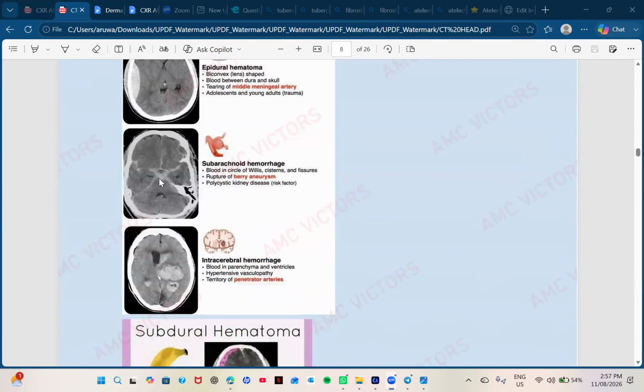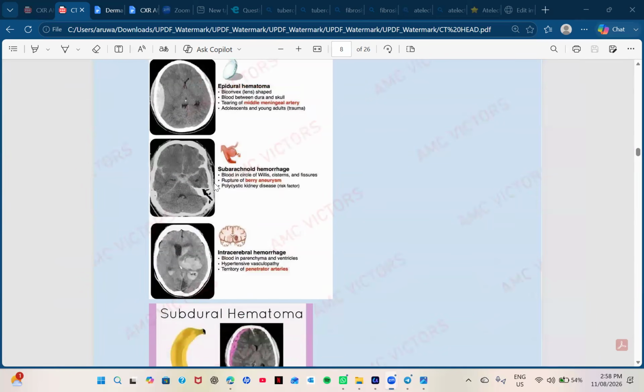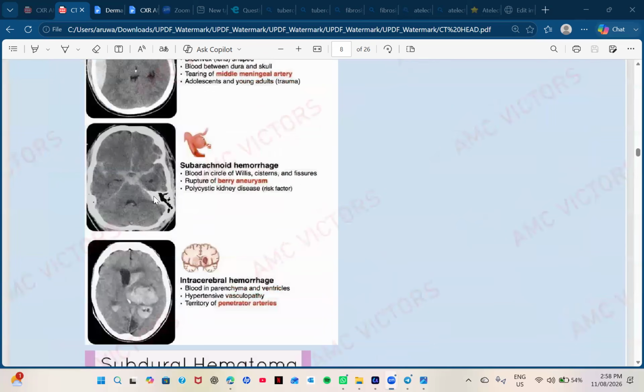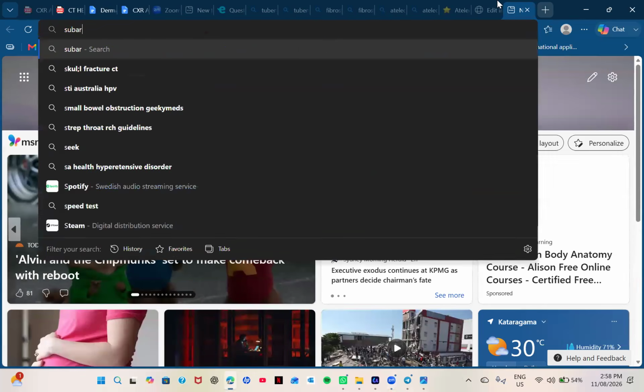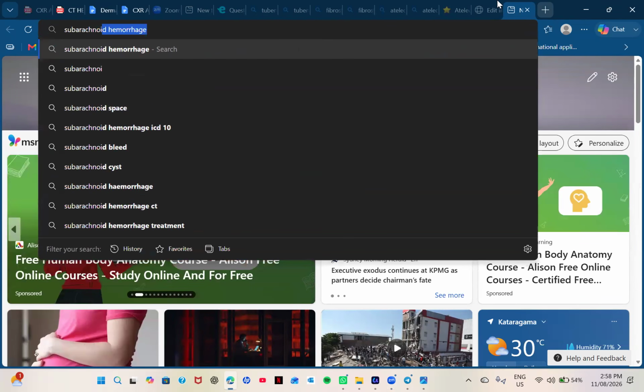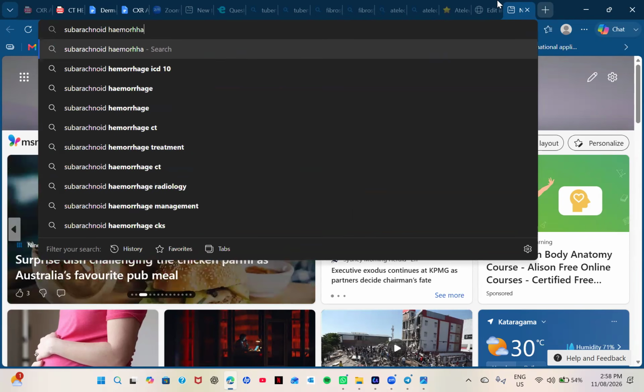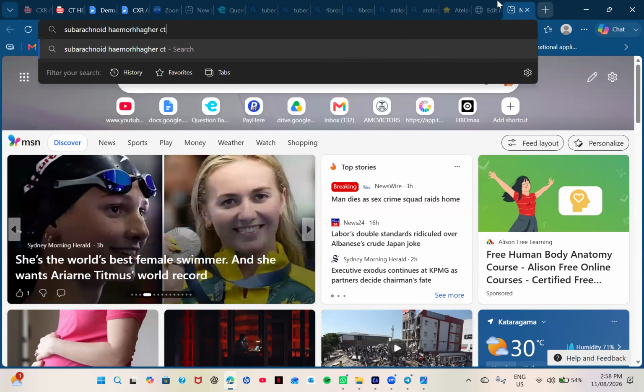It's not very clear here. It's mainly due to a berry aneurysm, which you can see here. But that picture is better. One minute, I'll show a better picture. I actually didn't have time to make a better one.